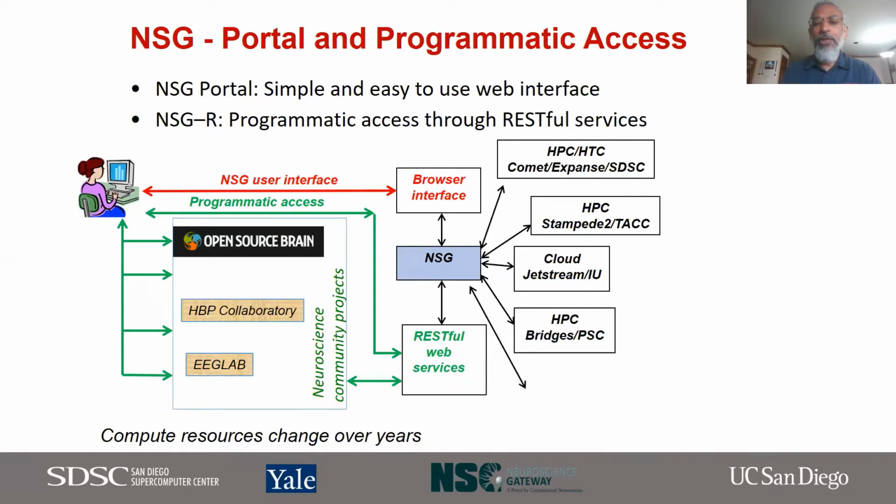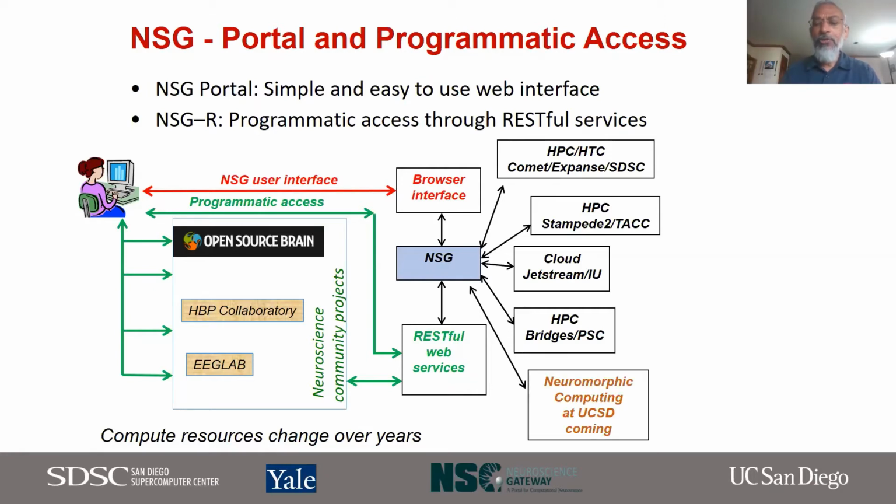So we have many academic supercomputers that are available in the US and coordinated by a virtual organization called XSEDE that provides the supercomputing power at the back end of NSG at various sites such as Comet and Expanse supercomputer at our center at SDSC at UCSD. But we also have machines at other centers at University of Texas, Indiana University, Pittsburgh Supercomputer Center.